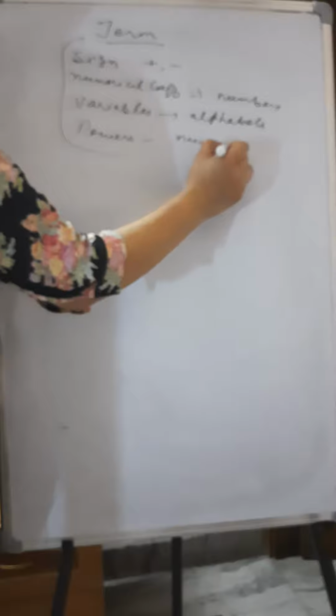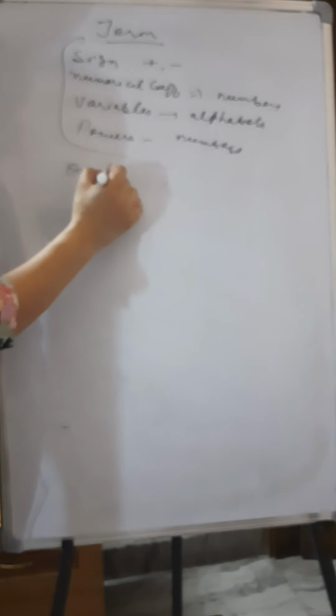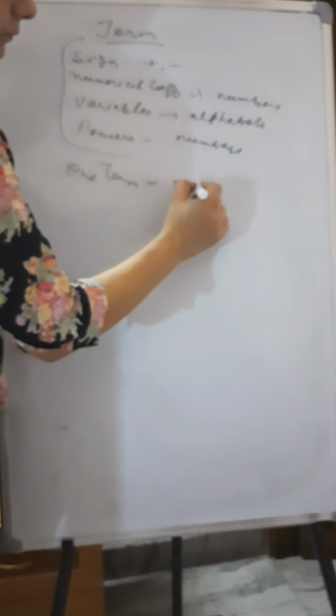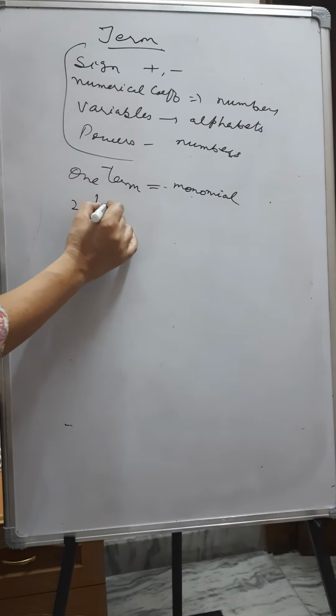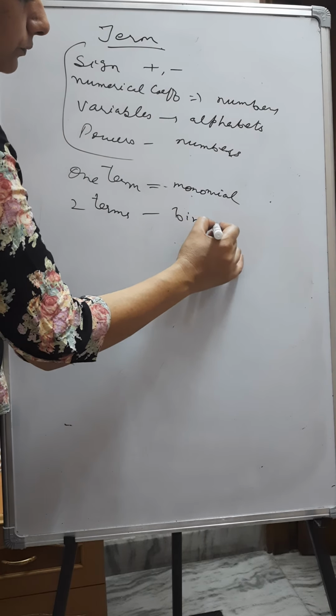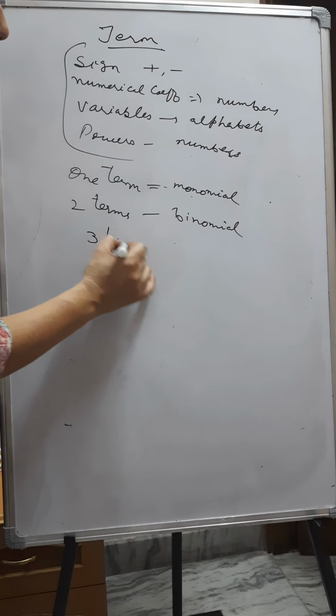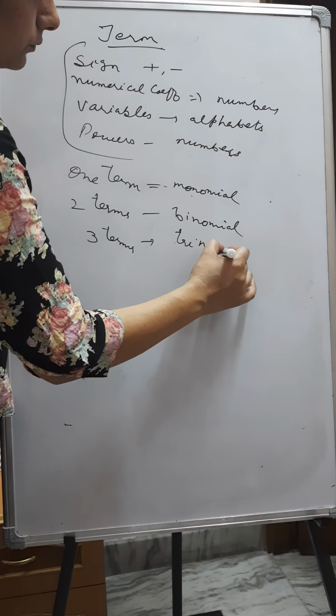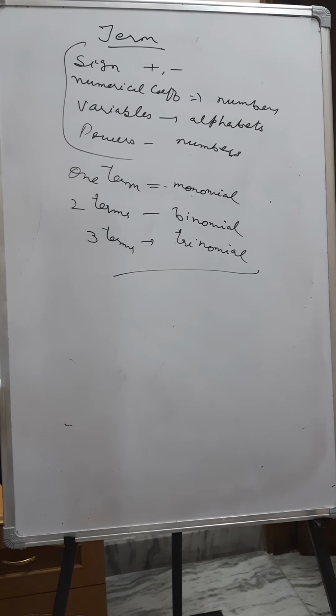One term is a monomial, two terms a binomial, three terms a trinomial. This is all we have done.